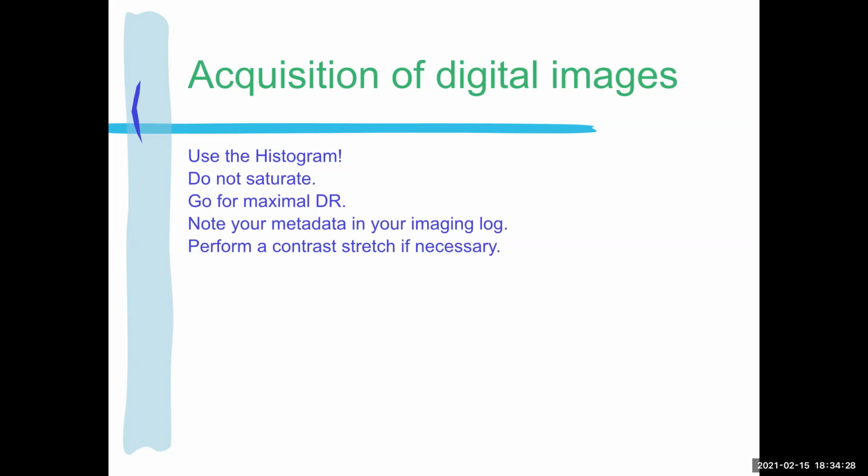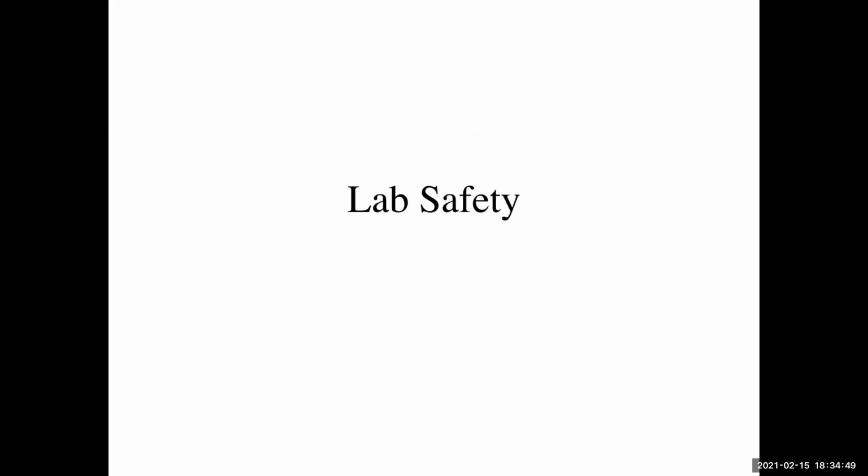You want to be able to put something on and just go snap, snap, snap and get some really good images. But at the same time, and this is going to slow you down, you do have to write down what you're doing in your notebook. And again, we're going to go over that soon. And once you know what a contrast stretch is, which is next week, then you can perform that if necessary. So that's it for this section.